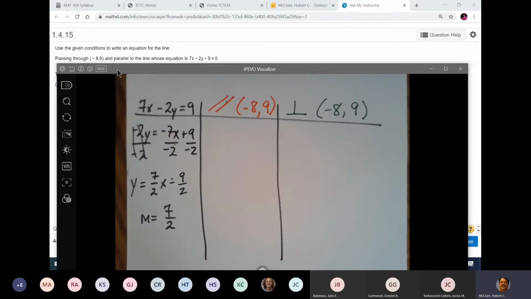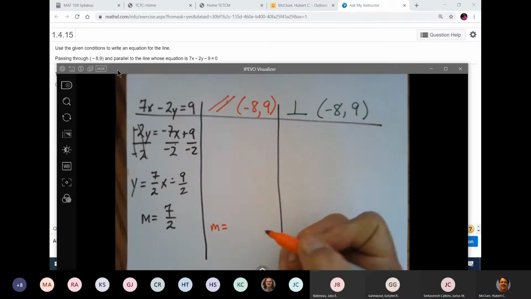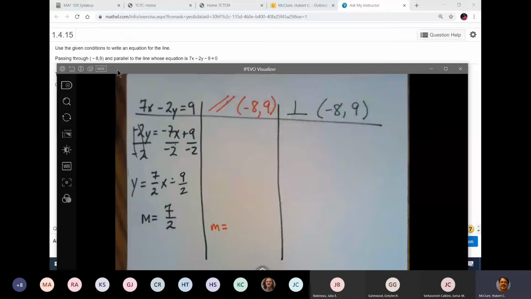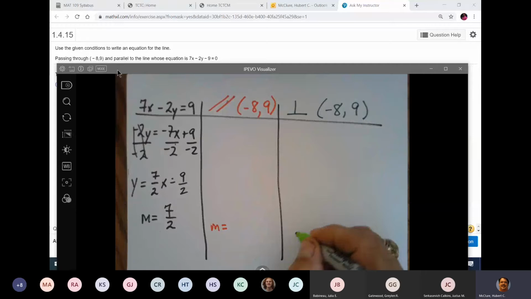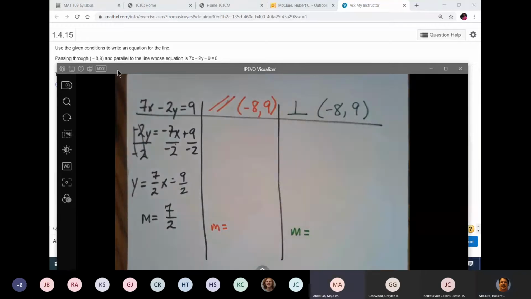So, somebody tell me what the orange M is supposed to look like. Now, we went over this last class, so y'all should know this. And what is the green M going to be? Well, the green M should be -2/7. Good job. And what does the orange M need to be?